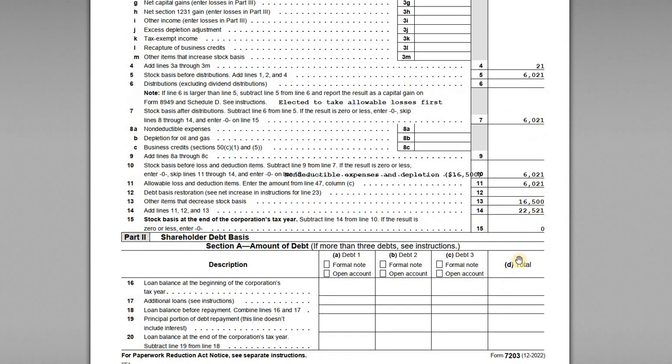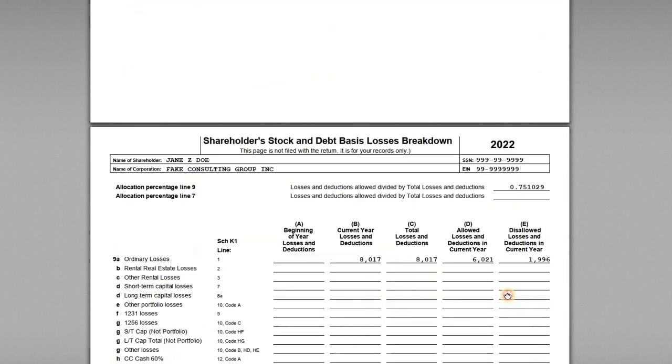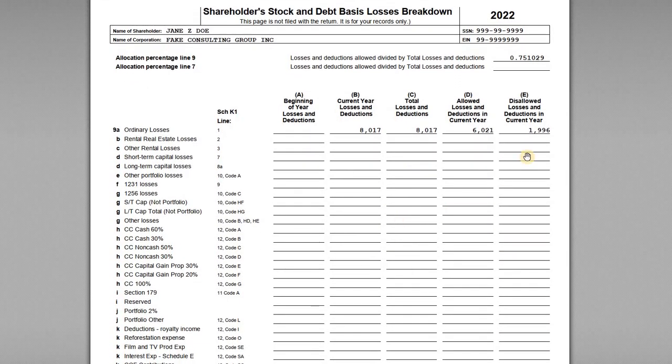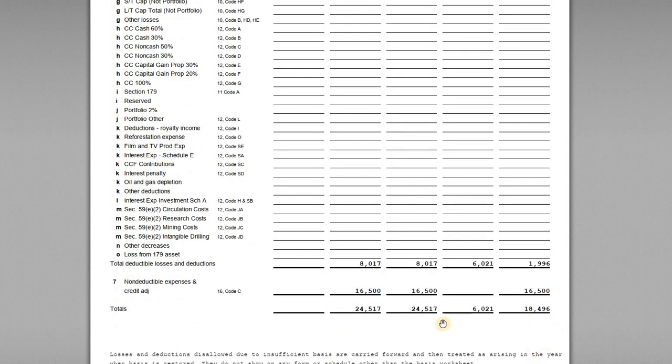Now, what do we do again with that $16,500? Remember, we have to roll that piece forward. So when we look at our stock basis roll forward worksheet here, now we have disallowed losses for the current year that are rolling forward to next year, right? So we do have some roll forward. We have $1,996 because we couldn't use all of it. And then notice the difference here on line 7 of this worksheet. Our non-deductible expenses are $16,500.